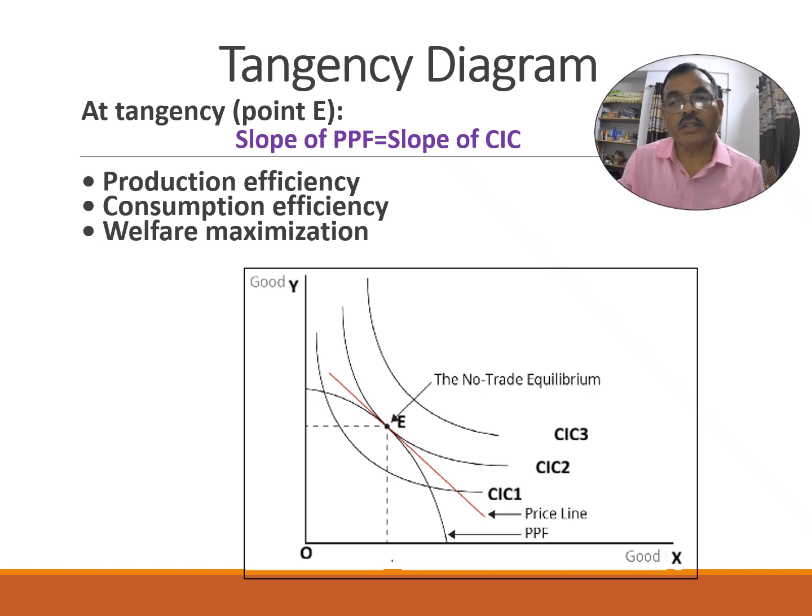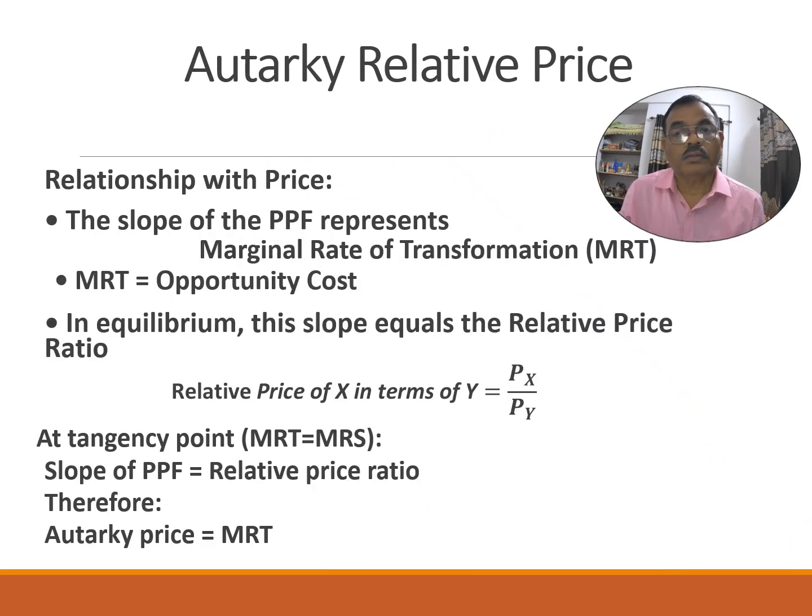But what does this tell us about prices? At equilibrium, the slope of PPF equals the relative price ratio of the two goods.